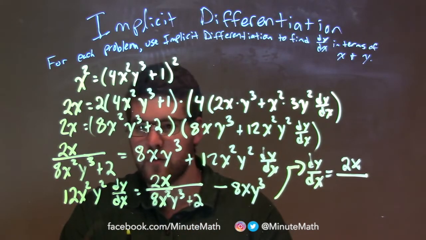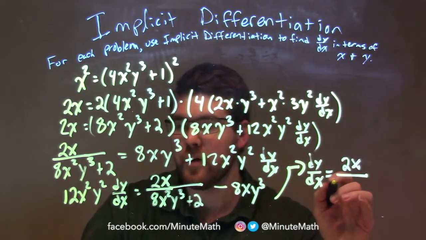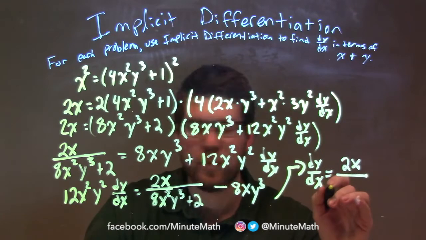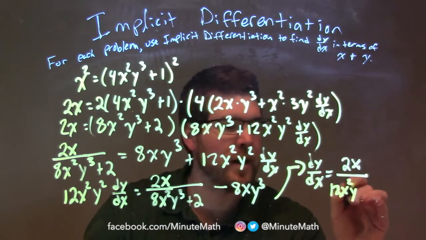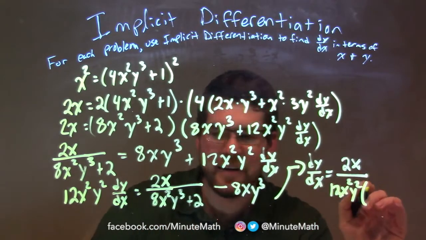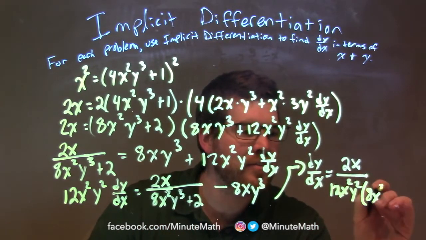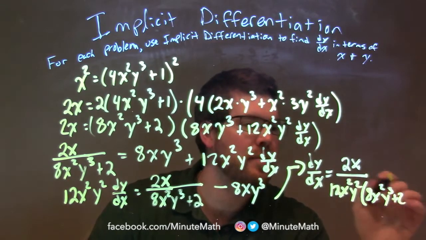Use a coefficient up front here. Okay, actually, let's just do it like this, make it easier. Not distribute that across. Okay, so we have 12x squared y squared times what's left in the denominator, 8x squared y to the third plus 2.